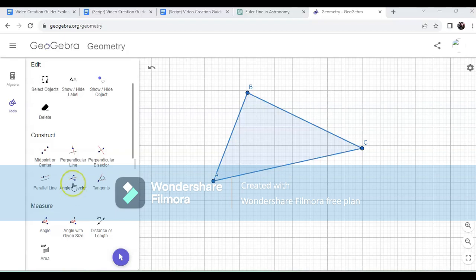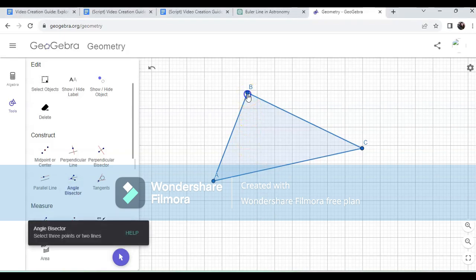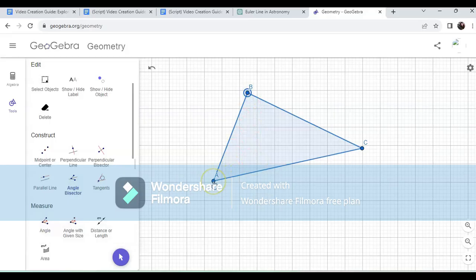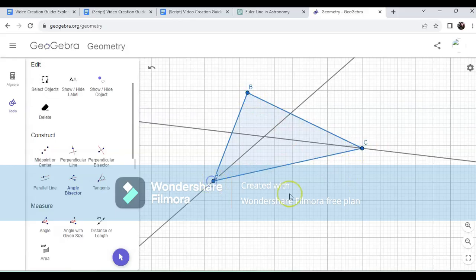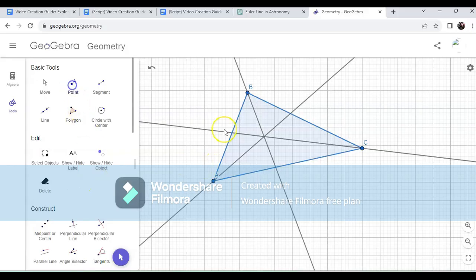Click on angle bisectors and then choose 3 points: for angle BAC, then angle BCA, and angle ABC. And then we are going to mark its point of concurrency D. Point D is the incenter of the triangle ABC.